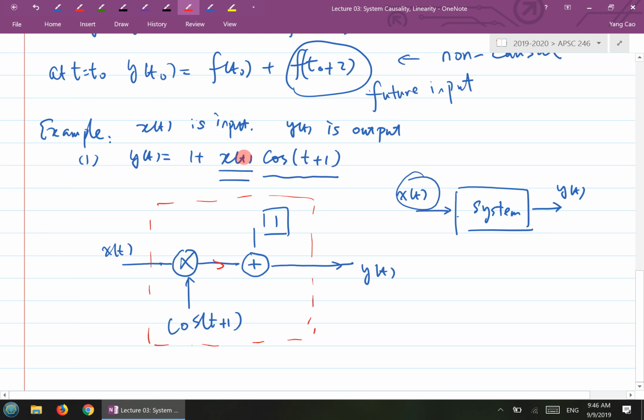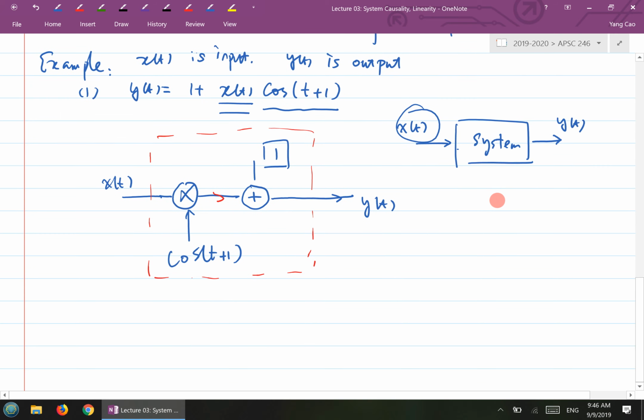Another challenge for this part of system characteristics is that it's not like a regular mathematical proof, where you plug in an expression, write down derivations, and at the end say A equal to B. Here you had to prove it by framing your procedures onto the definition. If it applies to the definition, it's causal. If not, then it's not causal.